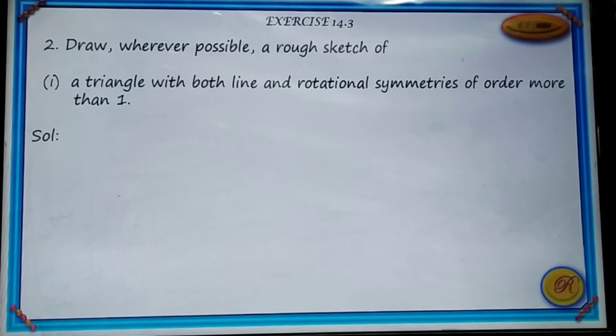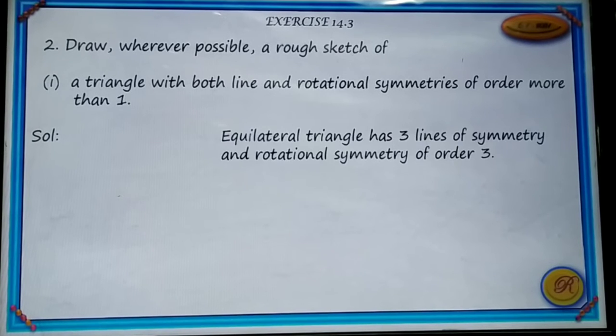Solution. Equilateral triangle has 3 lines of symmetry and rotational symmetry of order 3 as shown in figure.